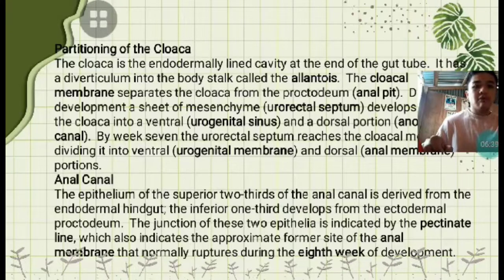The junction of these two epithelia is indicated by the pectinate line, which also indicates the approximate site of the former anal membrane that normally ruptures during the 8th week of development.